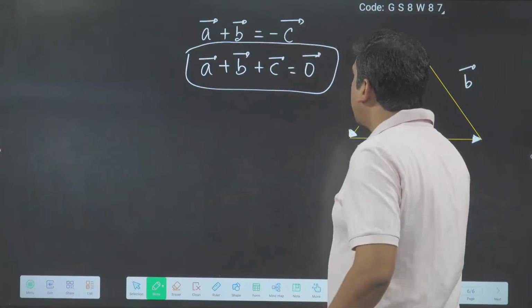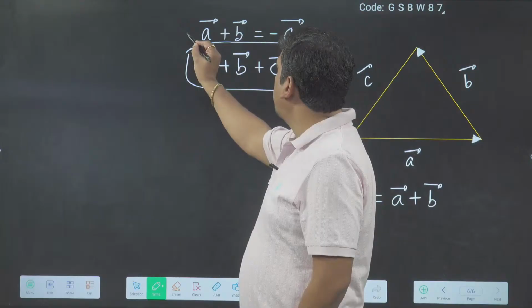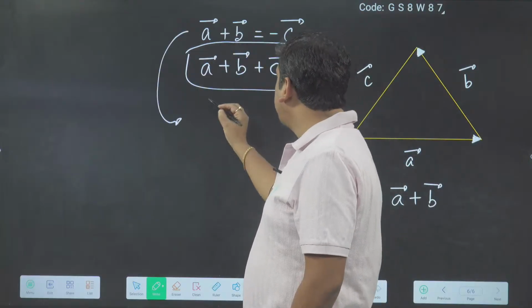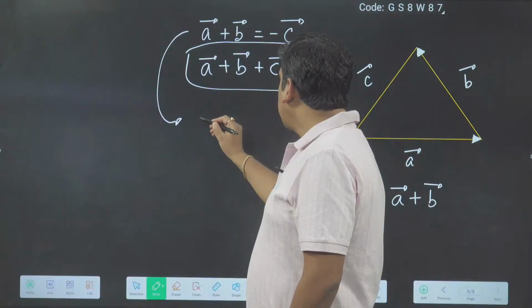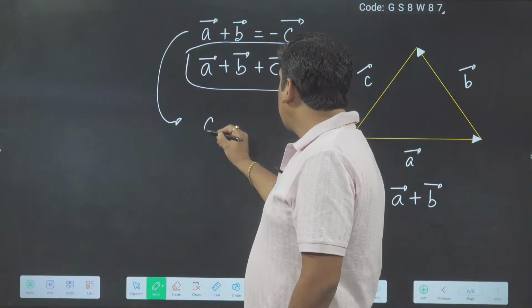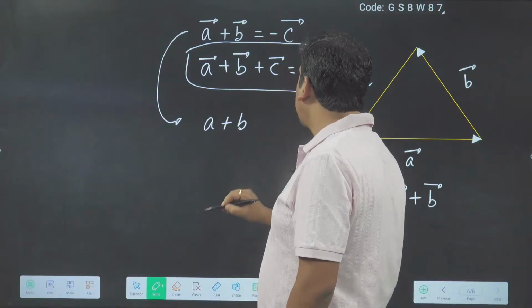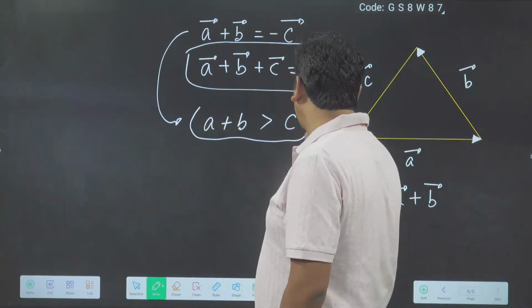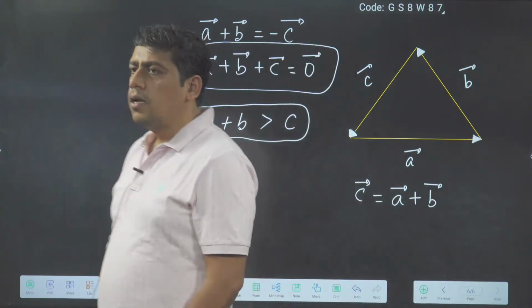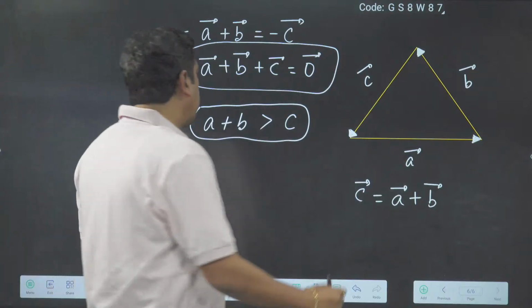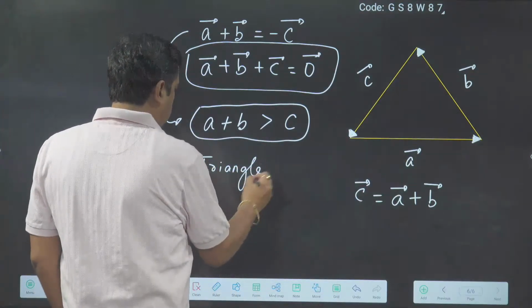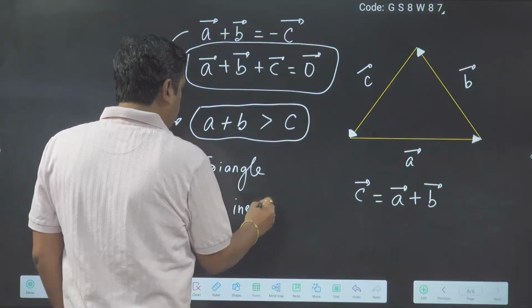So magnitude wise, A vector plus B vector equal to minus C vector. It means, can I claim that the summation of any two sides will always be more than the third side? This is known as triangle inequality.